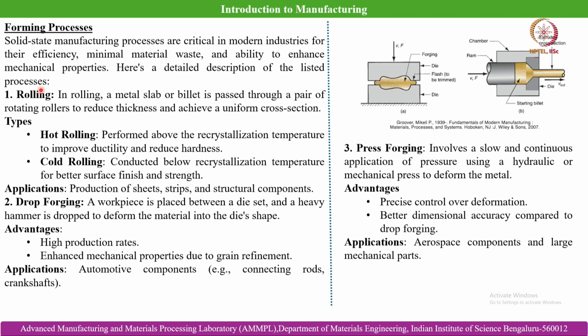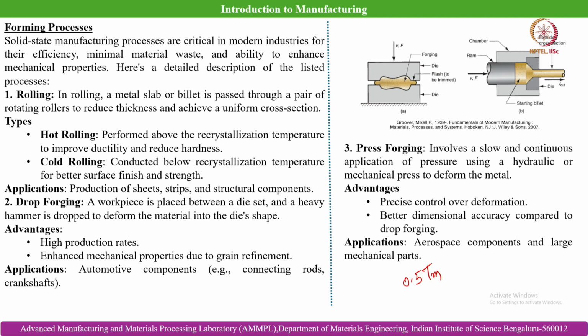In case of rolling, we can classify it into two different rolling techniques based on the temperature. They are called hot rolling and cold rolling. In hot rolling, essentially we do the rolling beyond the recrystallization temperature of the metal involved. What is recrystallization temperature? In general, we define the recrystallization temperature of a material as 0.5 of the melting temperature of the particular metal involved.